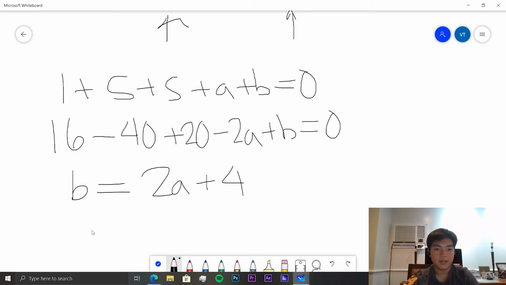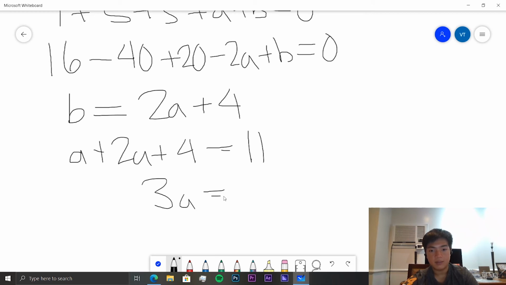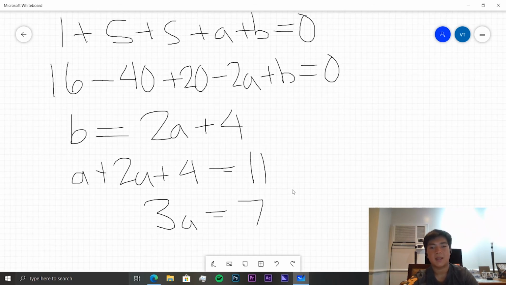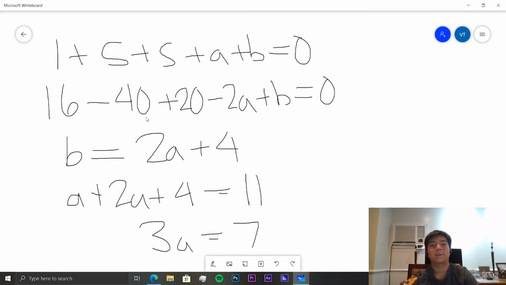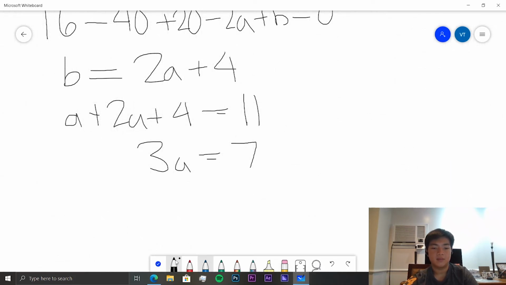So if we substitute that up here, we have a plus 2a plus 4 is equal to 11. So 3a is equal to 7. Is this right? Yeah, should be right. But it's interesting that a is equal to 7/3.